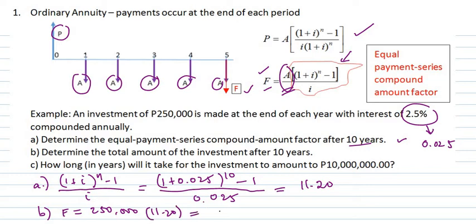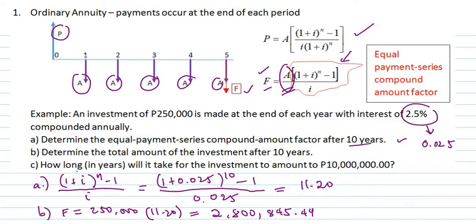So that is equivalent to 2,800,845.44. So that is letter B.